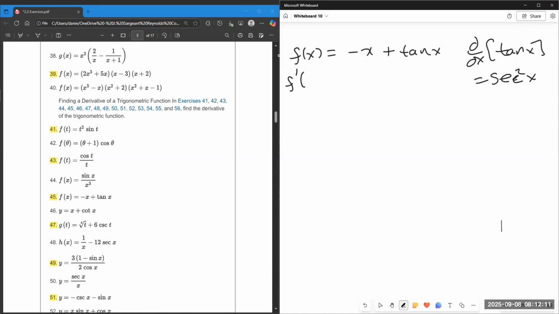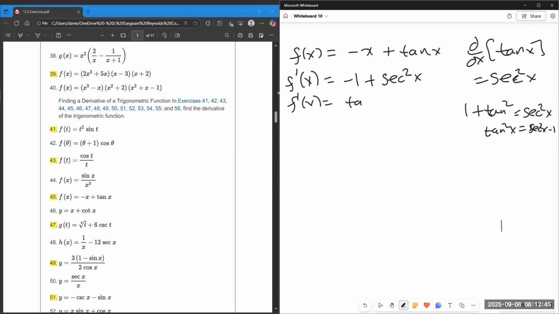But f prime of x is just going to be the derivative of the first piece is -1 plus the derivative of the second piece is secant squared. So 1 plus tangent squared is equal to secant squared. So secant squared minus 1 is tangent squared. So f prime of x is tangent squared when we simplify.